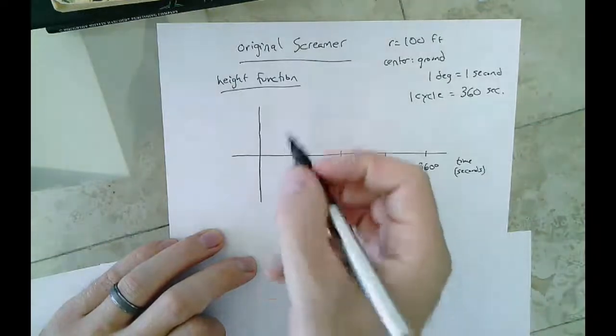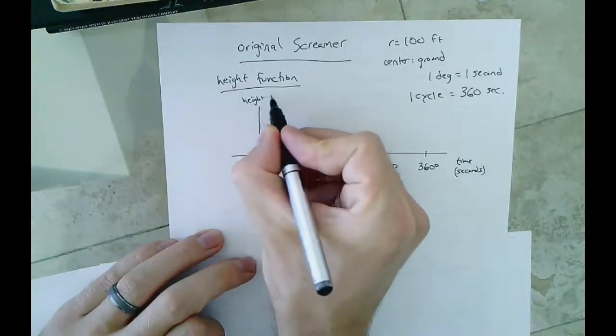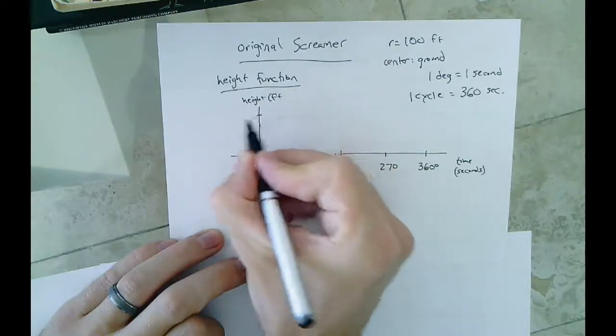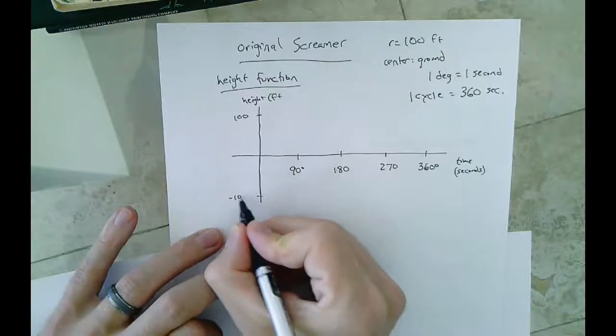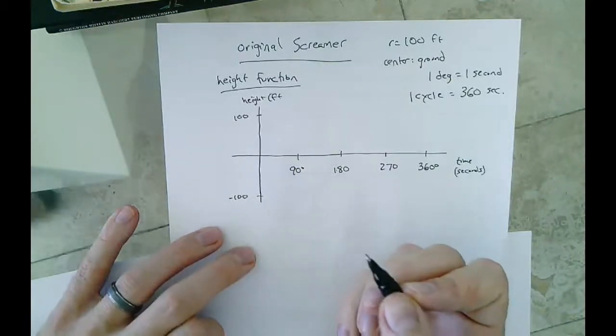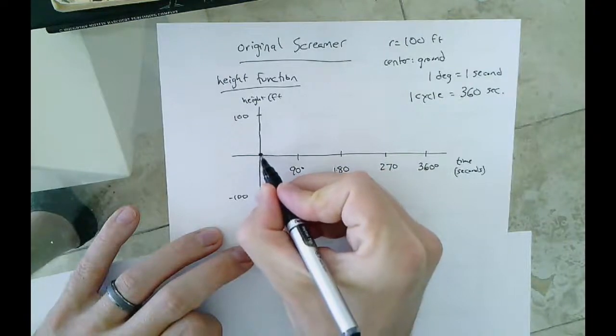Okay, and then our y-axis is normally in height, and we'll put that in feet. And we have 100 feet being our tallest position and negative 100 feet being our lowest position right here. So we know that the loading area is at 0 degrees, and we start here at 0 feet.